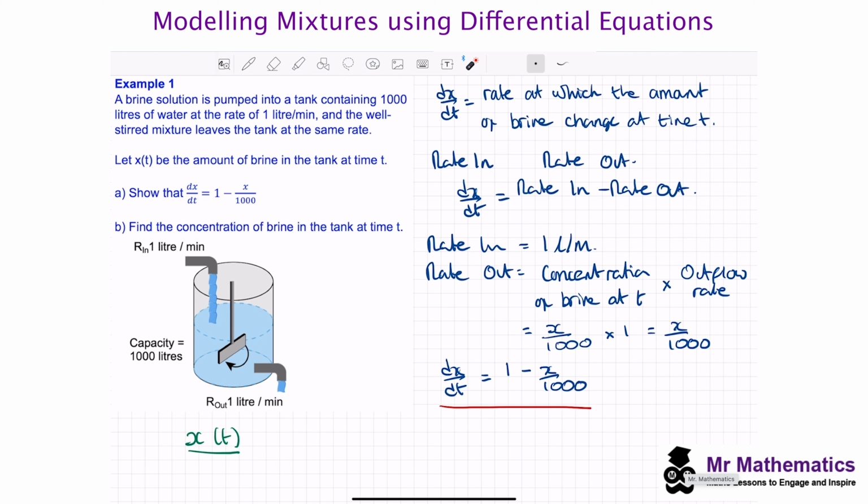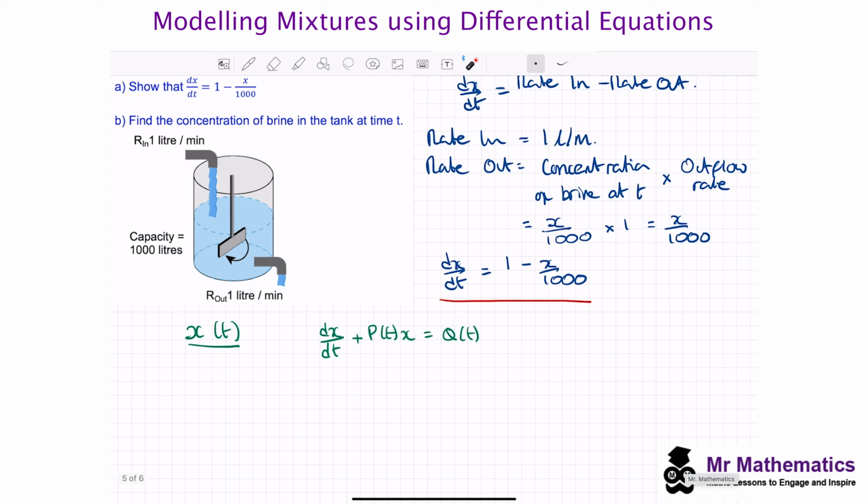In a previous video, I showed you how to solve equations like this using an integrating factor. This is where we start by writing the equation in this form: dx by dt plus p as a function of time times x is equal to q as a function of time. To start, we need to move this x over 1000 to the left-hand side.